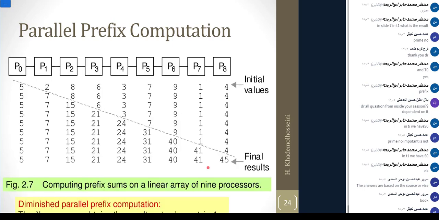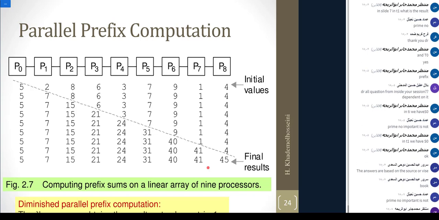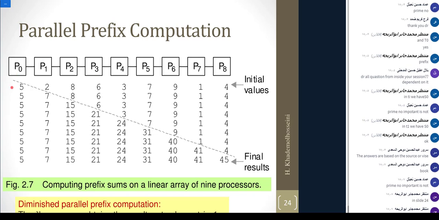In slide 24, let me go to 24. For T1 prefix, do you mean this one?